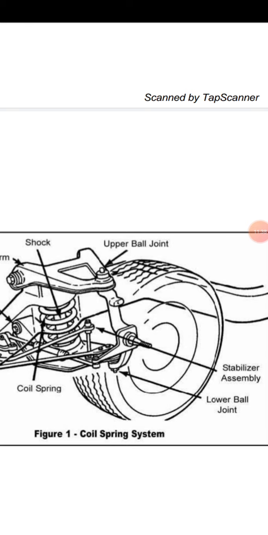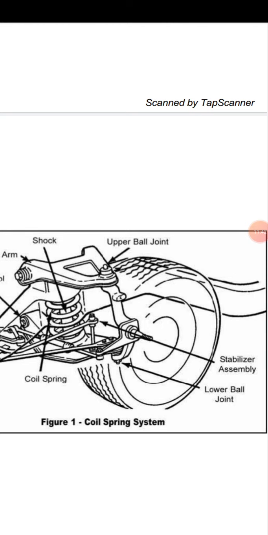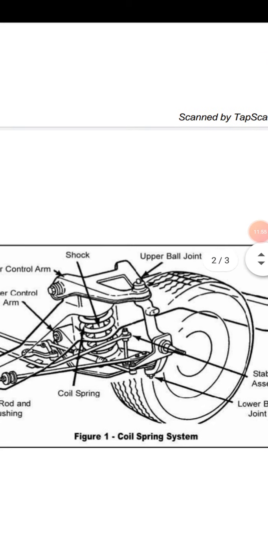One more thing, many ball joints are used in the front portion of a car, like in the steering system and in the suspension system. You can see here the upper wishbone and lower wishbone are joined by the ball joint.